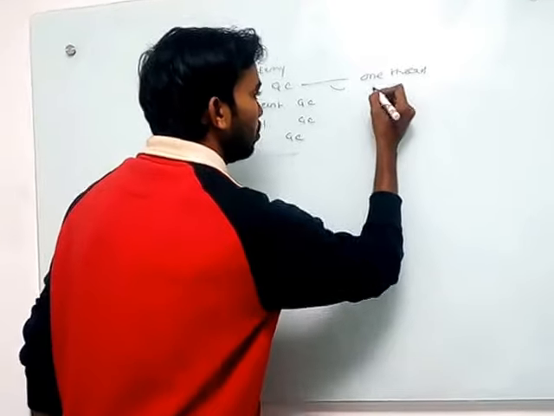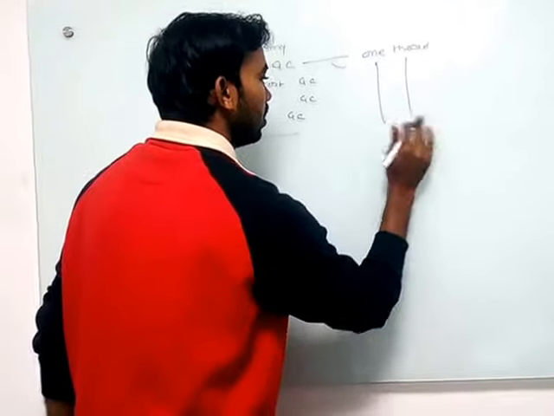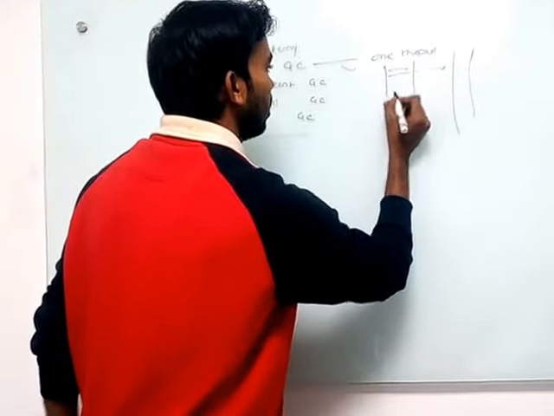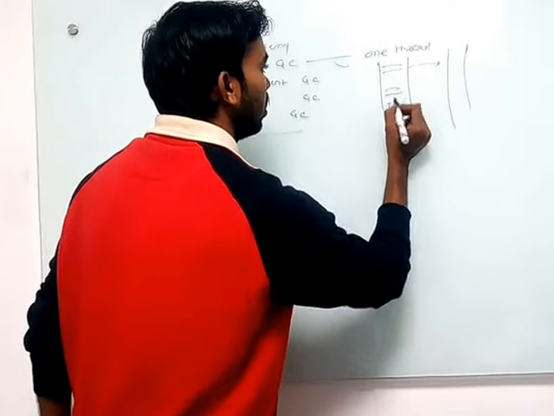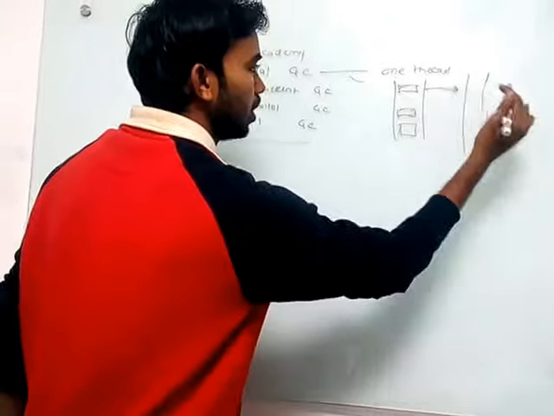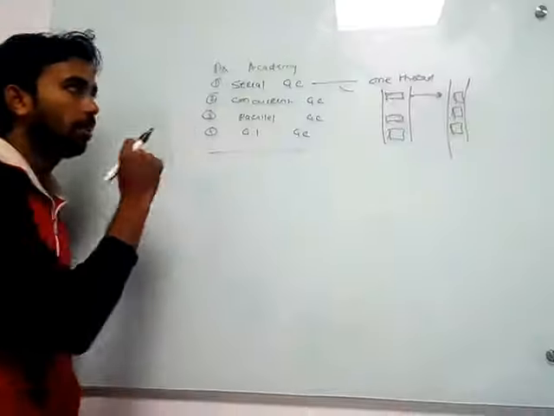Objects from one generation to the second generation are moved one by one. This is the serial garbage collection.